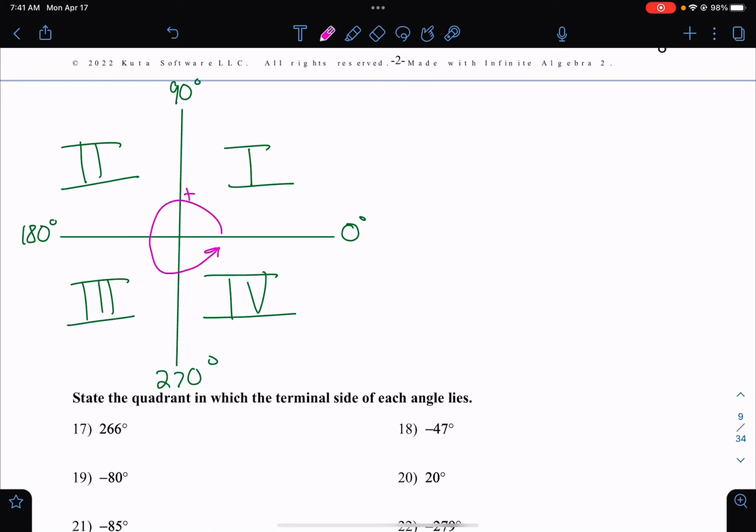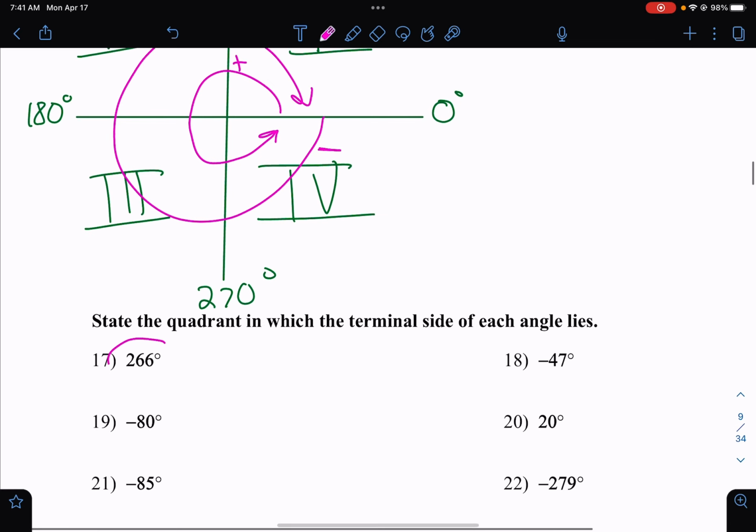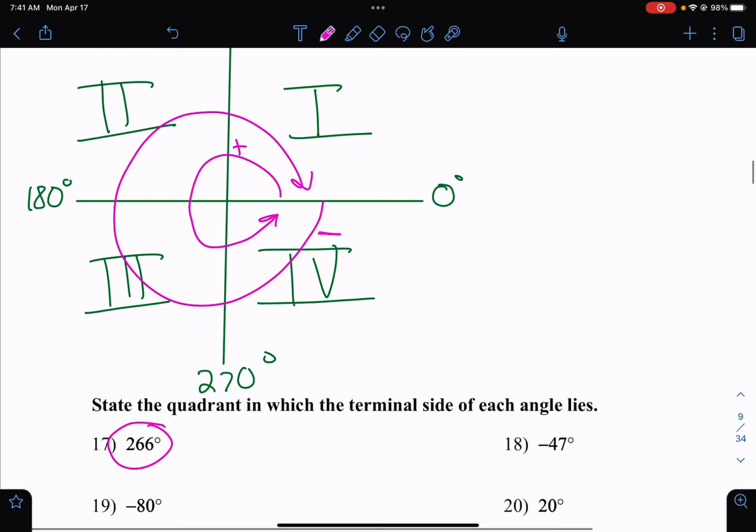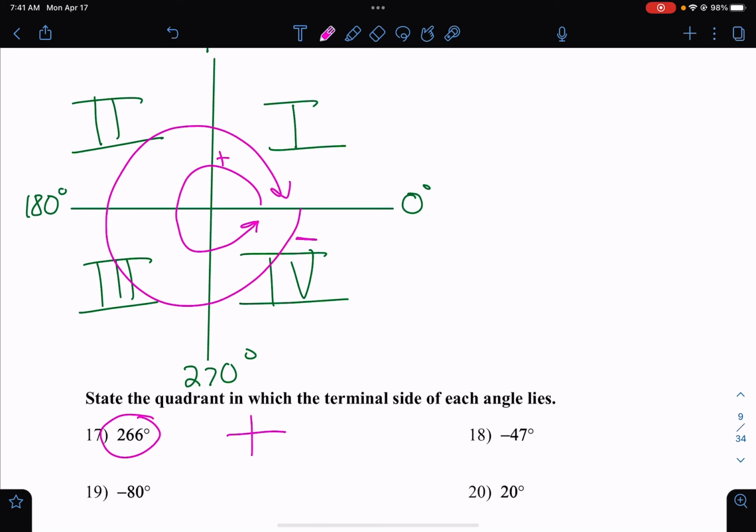And negative angles go in this direction. All right. So really what they're asking in this chunk of questions is what quadrant these angles would fall in. Like if we look at 266, we know this is 180, we know this is 270, and this is positive.